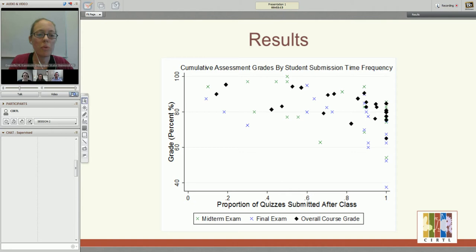So here 0 would represent a student who submitted every time before class, and 1 would be every time after class. Here at this level, I'm looking at only 26 observations, which are each of those students who agreed to participate. And then at the final course level, there's only about a 0.6% difference for each 0.1 step that we're taking along the x-axis here.